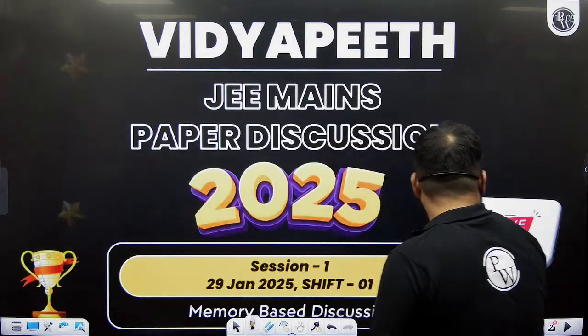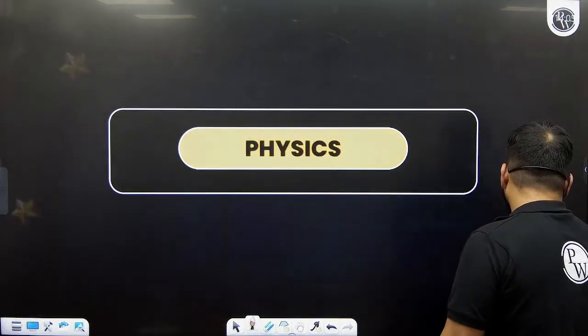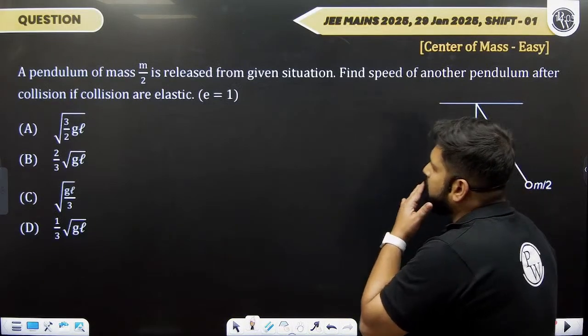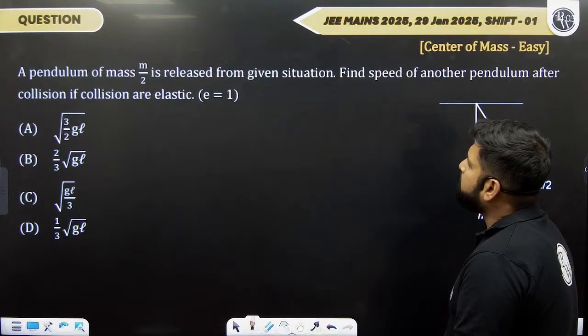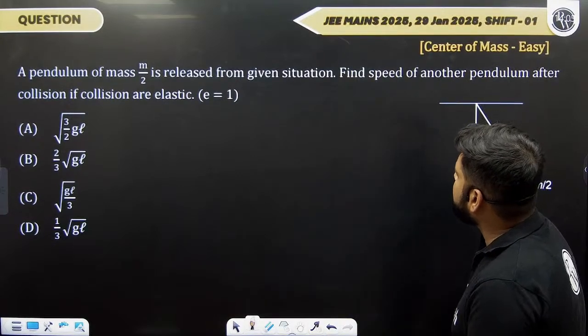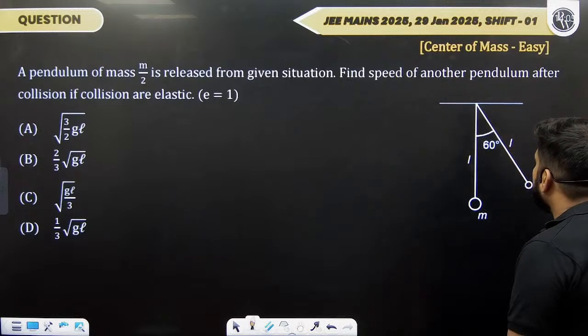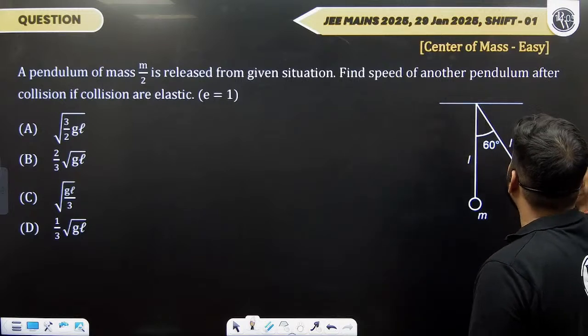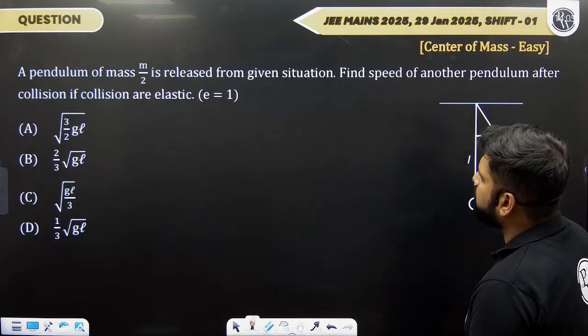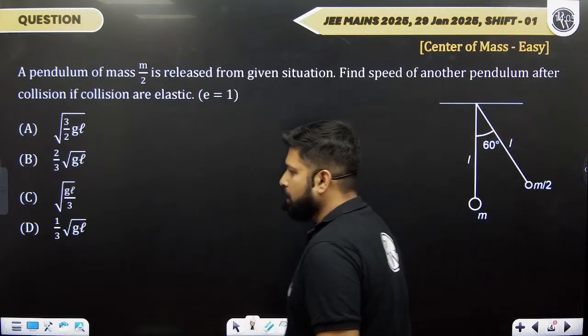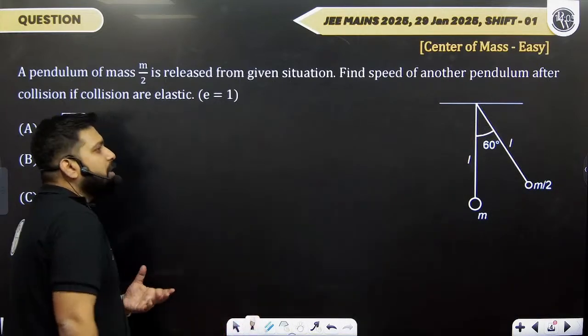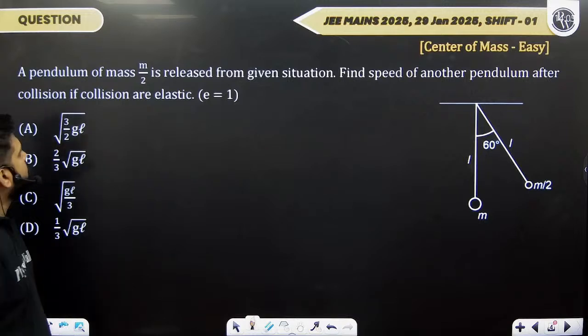Let's start off with our first question here in physics. The problem says that a pendulum of mass m/2 is released from the given situation. Find the speed of the other pendulum after the collision if the collision is elastic. A few things we need to understand in this question.